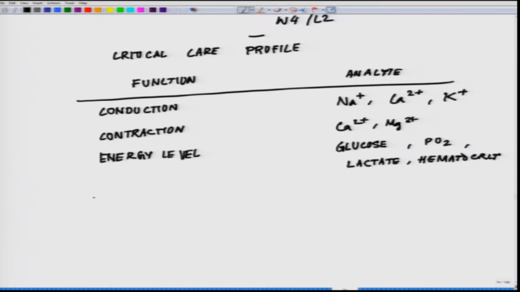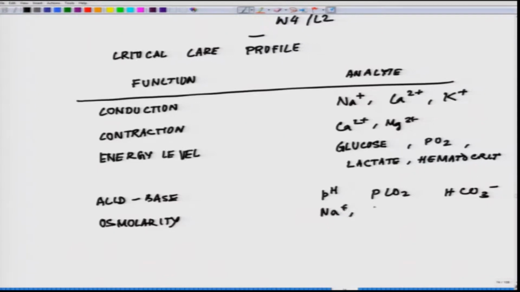Then, whenever we talk about acid and base, the level of acidity in the body, we talk about pH and PCO2, the partial pressure of carbon dioxide. When we talk about osmolarity of the blood, which is, by the way, around 320 milliosmol, we talk about sodium and glucose. Okay. If the glucose level goes up, the osmolarity will go up.